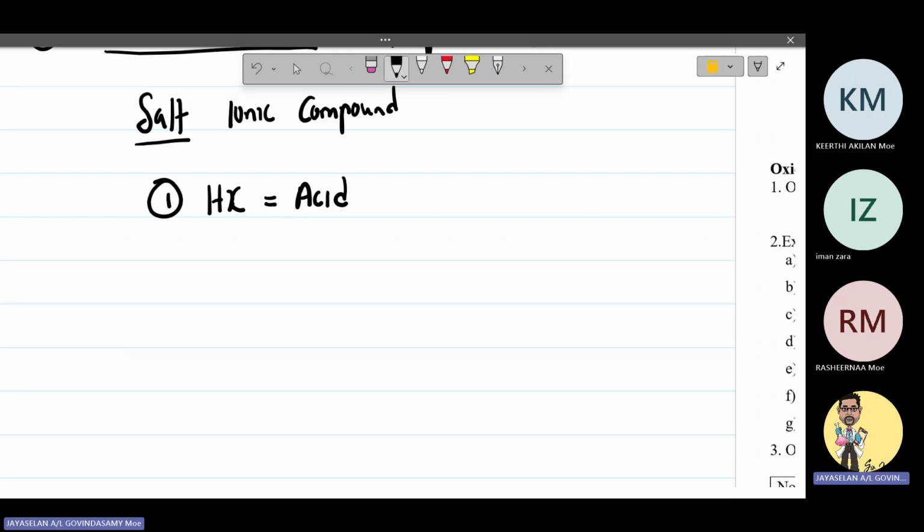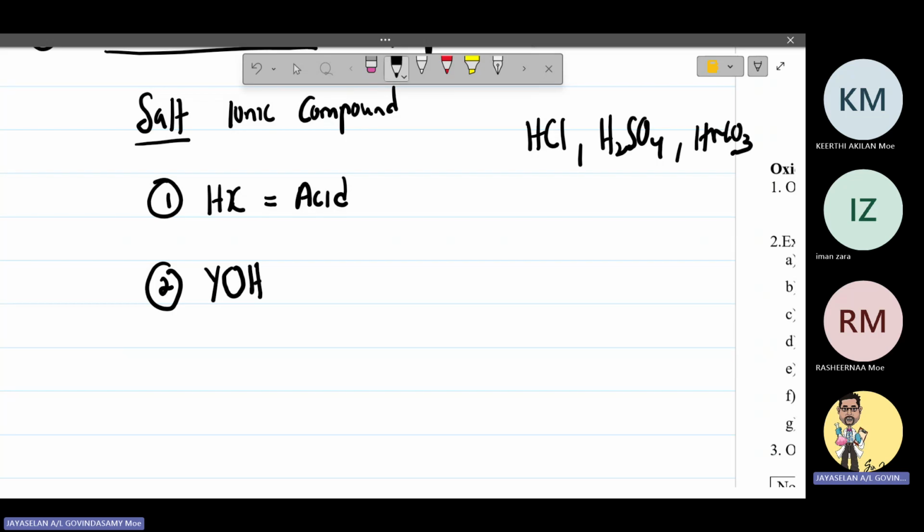Please memorize. Okay, second point. If there is Y in front, and behind there is OH, when there is OH behind. Examples: HCl, hydrochloric acid; H2SO4, sulfuric acid; HNO3, nitric acid. You see in front, hydrogen, hydrogen, hydrogen.